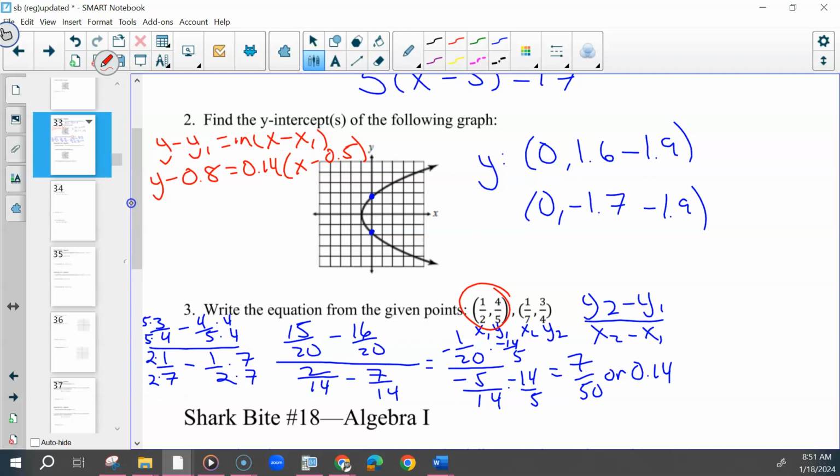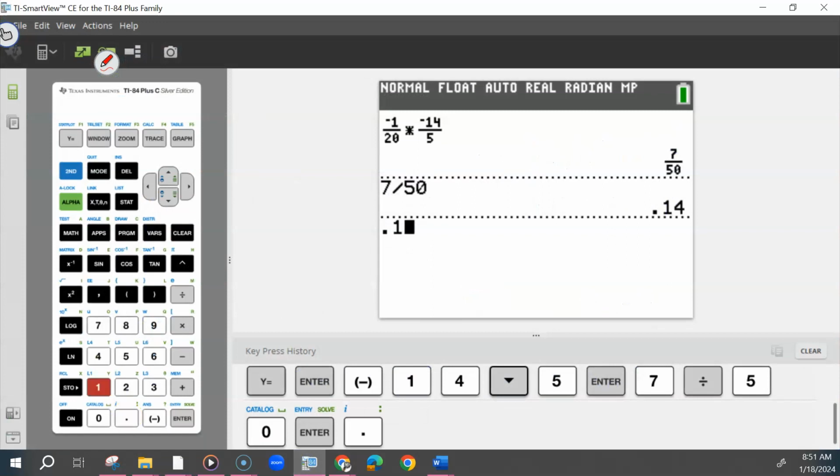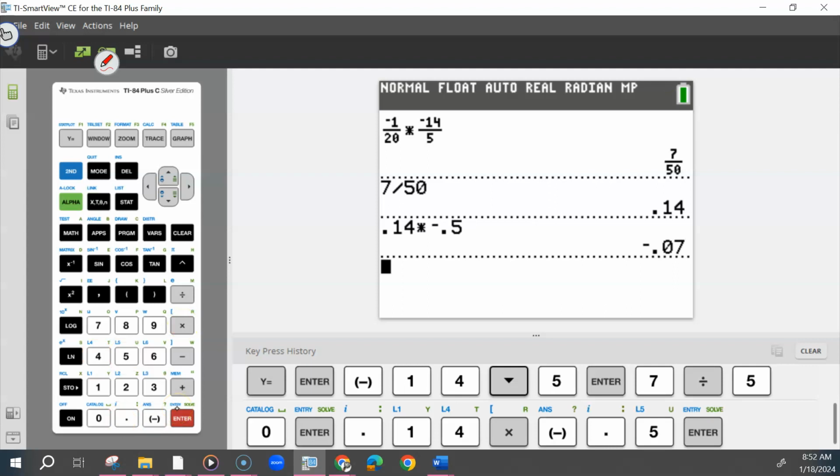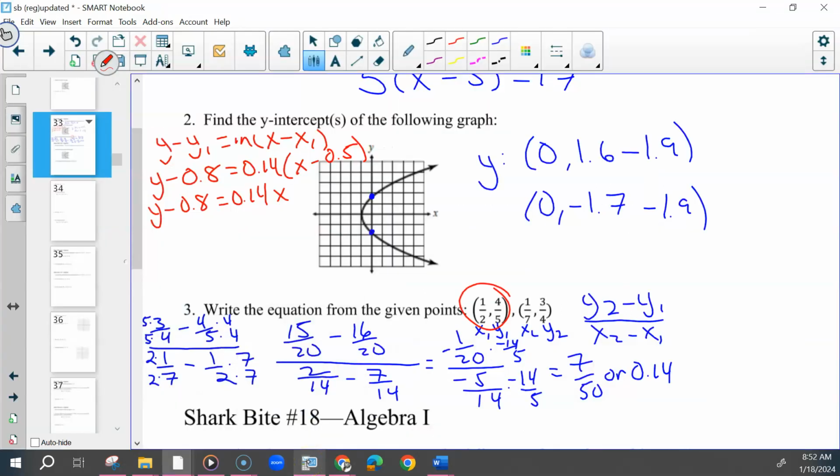And then I could solve this. And then when I add 0.8, my equation would be y equals 0.14x plus 0.7.